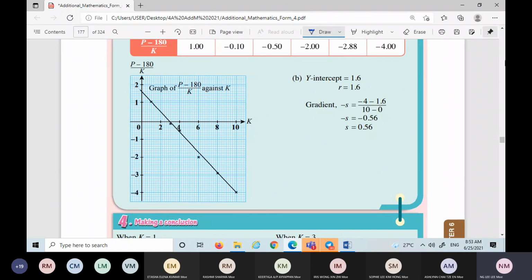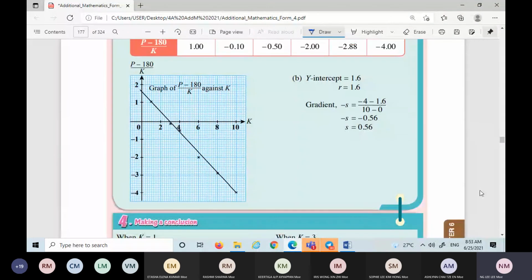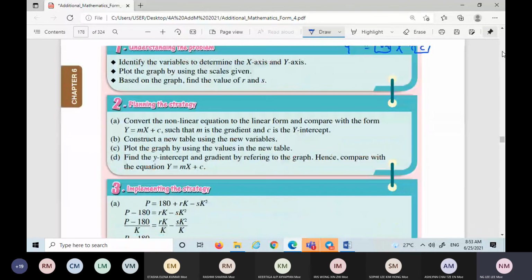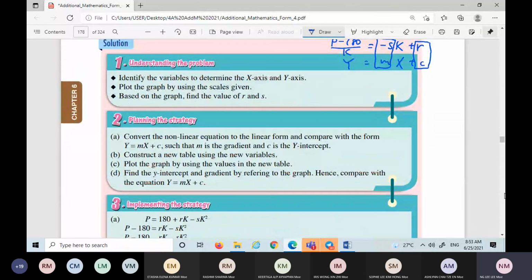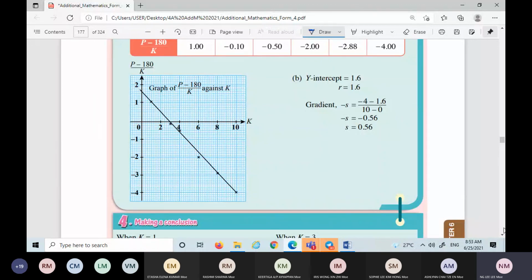Then next, the C is what? The C is R. So very simple, just read the C from here. Then let R be equal to that, and then the negative S as the gradient. So let the negative S be equal to the gradient, and then get the S.